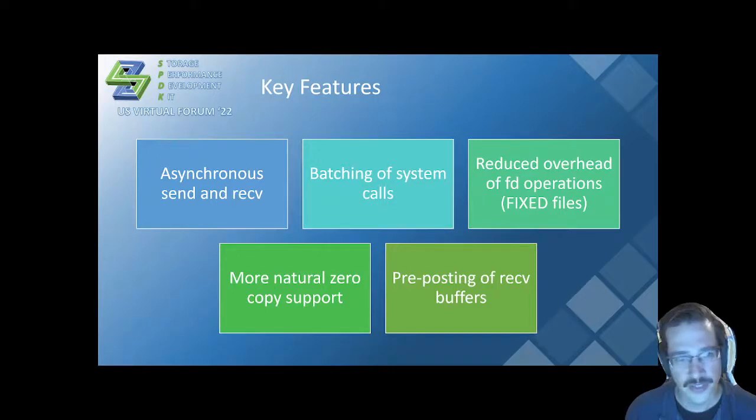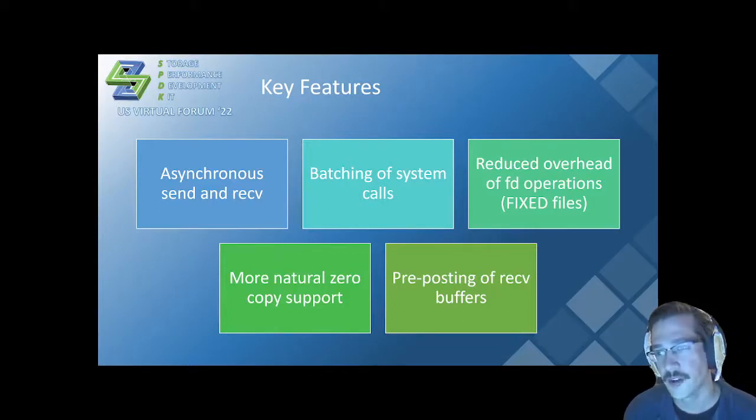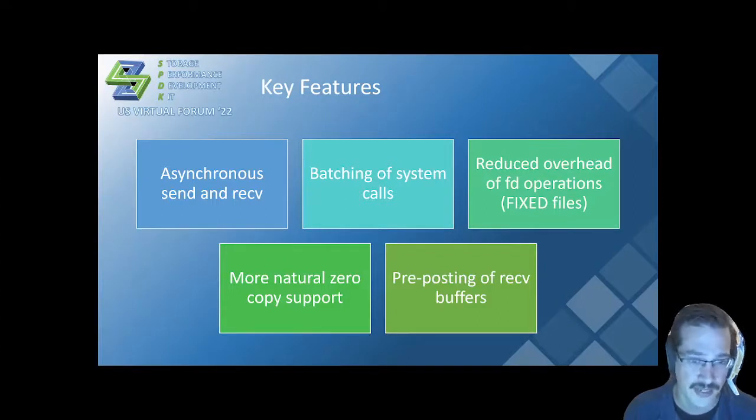The equivalent of writing the doorbell after submitting a bunch of commands is a system call. So you can copy a bunch of commands, descriptors is what they call them, into the submission queue of the io_uring, and then you make a system call to say submit this set. So it gives you great system call batching, which is a major win. It also has a lot of cool features for pre-registering file descriptors, including sockets.